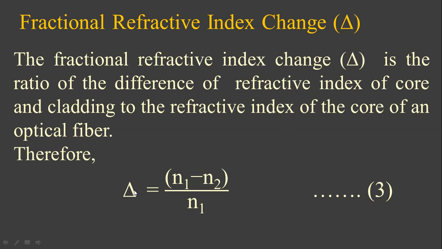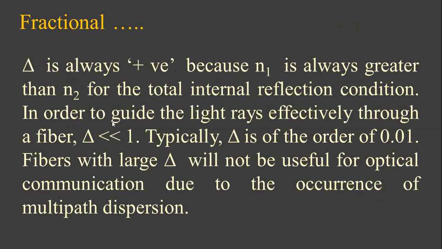So this delta is equal to N1 minus N2, the difference of the refractive index of core and cladding, divided by N1, which is the refractive index of the core. This is equation 3.